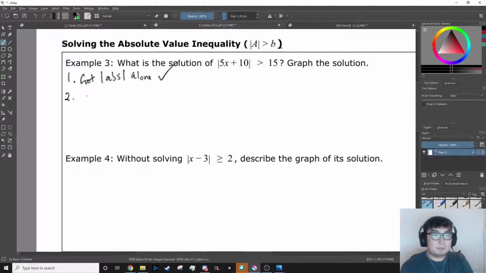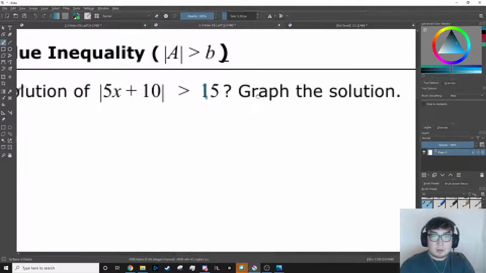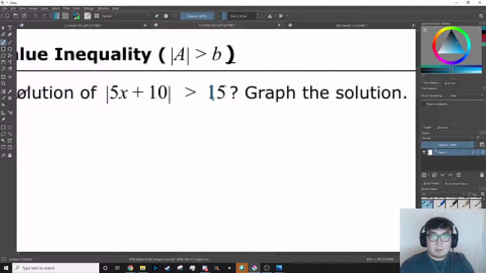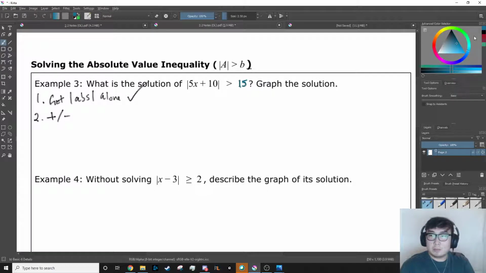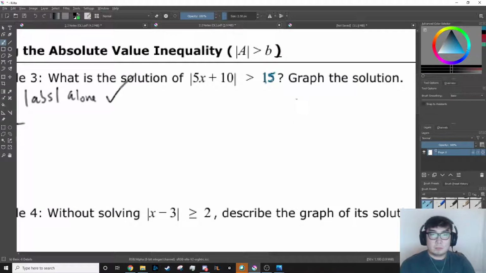Step 2. We're going to make a positive and negative version of this number on the other side. So 5x plus 10 is greater than 15.